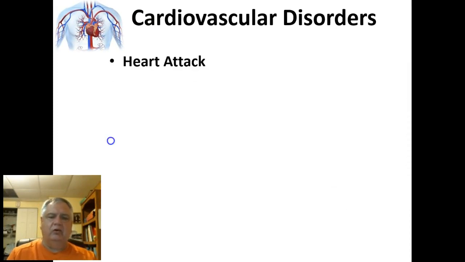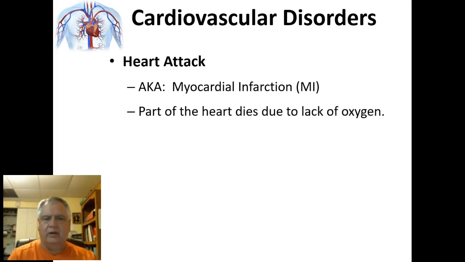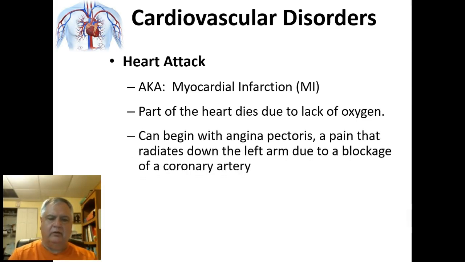The next cardiovascular disorder is a heart attack. Heart attacks are also known as myocardial infarctions, or actually one type of heart attack. And here, a part of the heart dies due to a lack of oxygen. That is in a myocardial infarction. Symptoms can begin with angina pectoris, a pain that radiates down the left arm due to a blockage of a coronary artery.